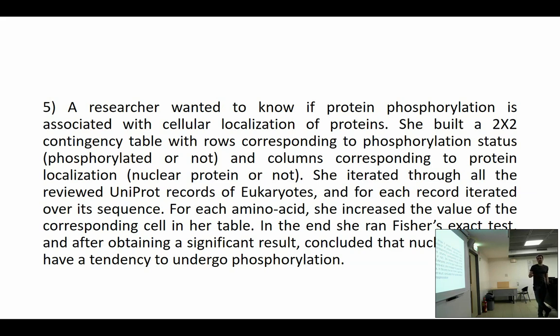Again, it's very subtle, but you notice that the samples that we count within this table, we don't count proteins, we count amino acids. So amino acids are the entities on which we perform this analysis. But then the researcher took this result and concluded something about proteins, which are a whole different entity.